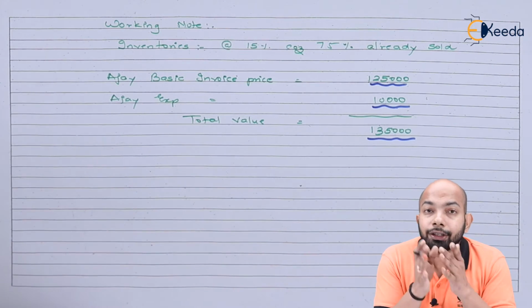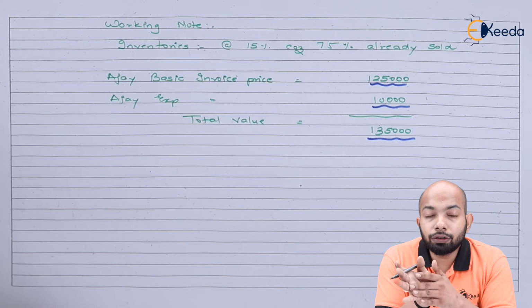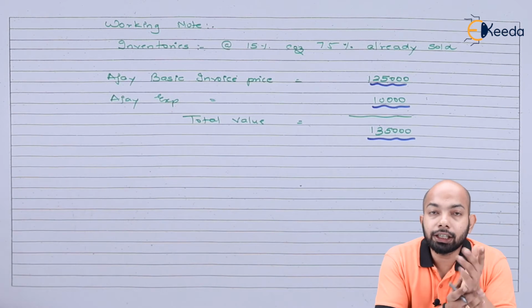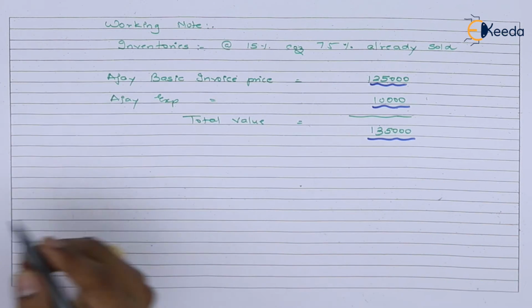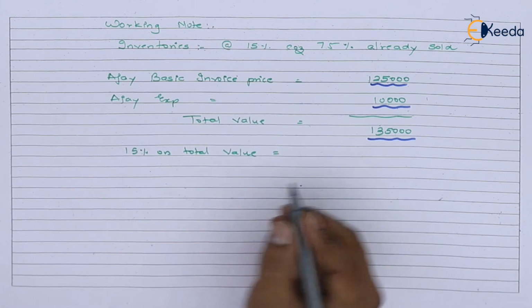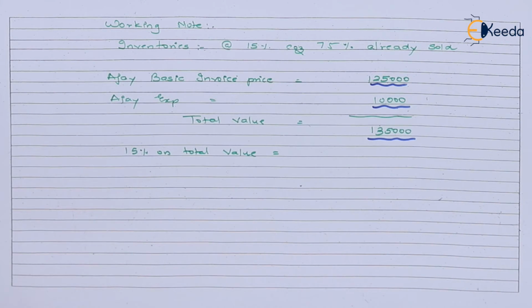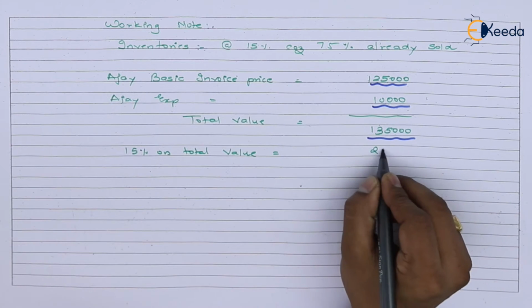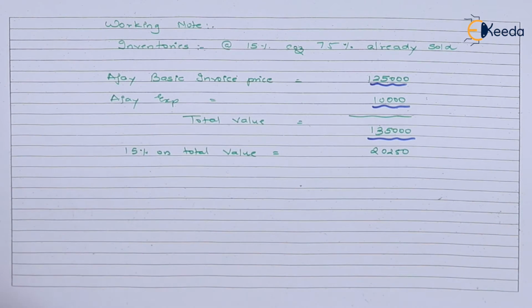Now this is 125%. Out of this, 15% has to be calculated on this total. That gives you a total of 20,250.